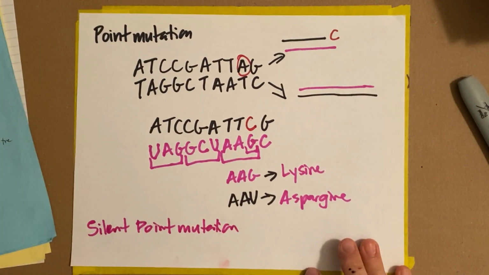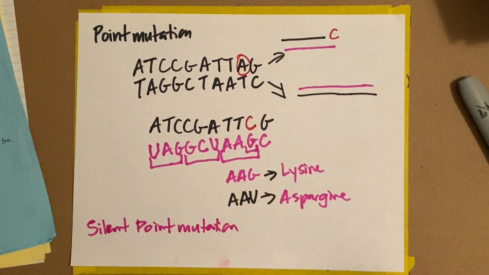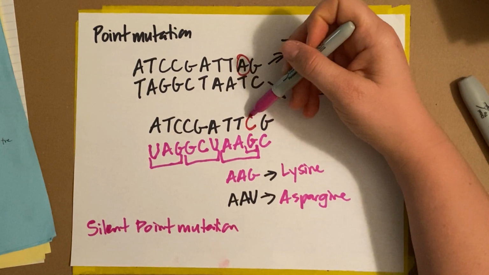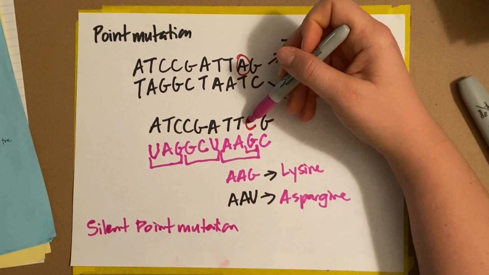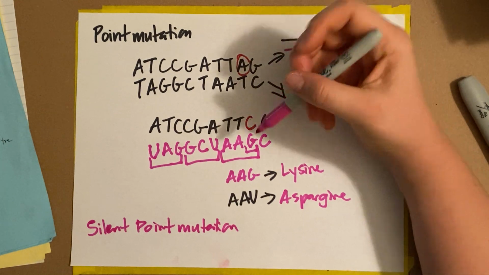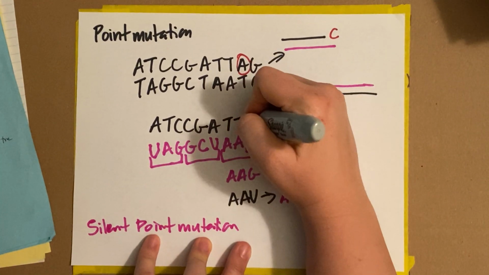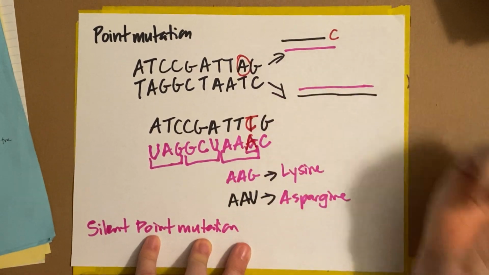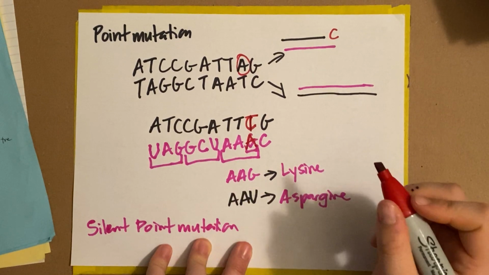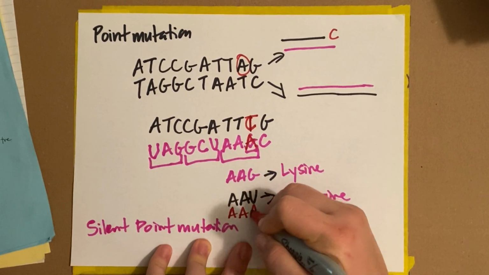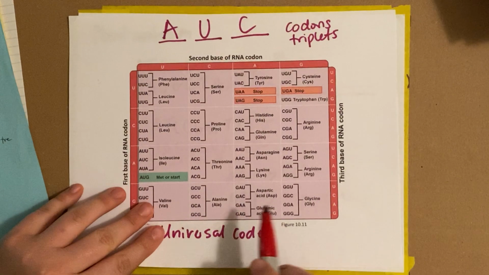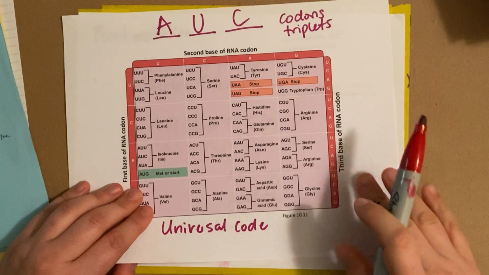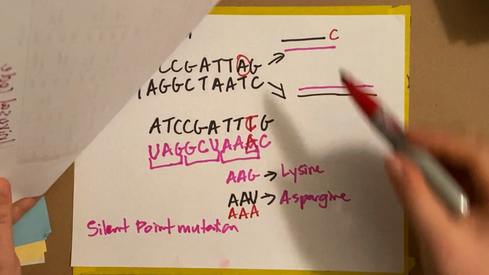Okay, and this is when you substitute in a different base. So for example, what if instead it turned into a T, then this would have been an A. Okay, and so we would have AAA, and if we look at AAA, that would have been lysine, or actually that one I kind of switched it all over again.